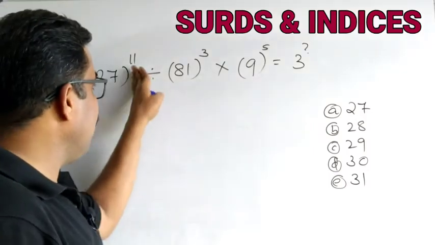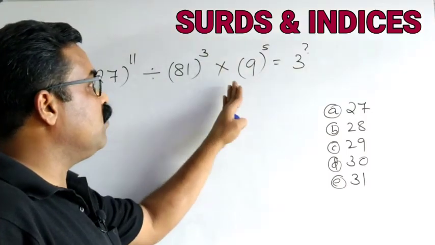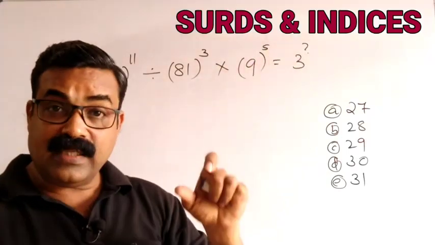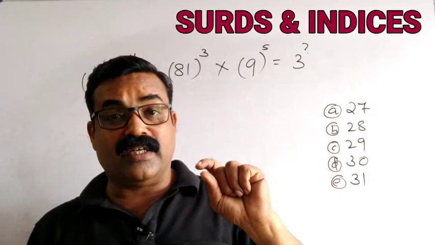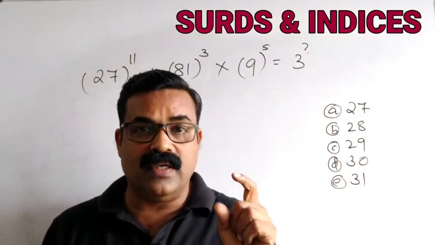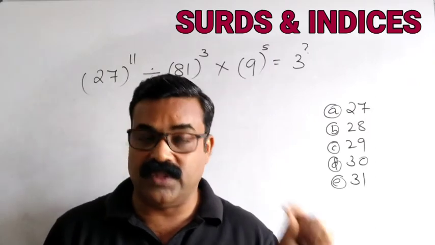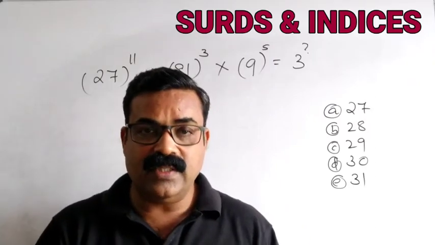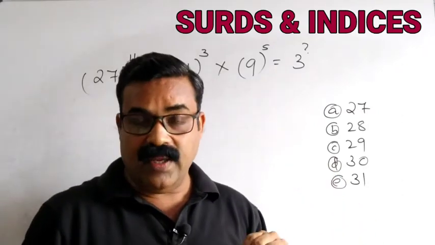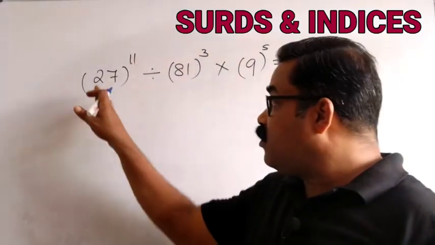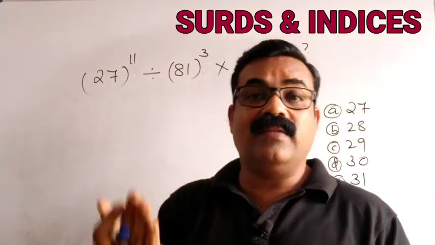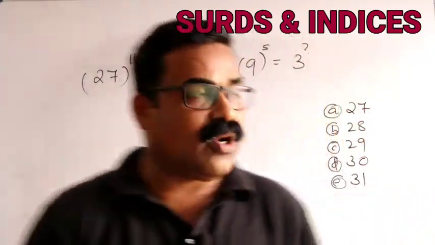So 27 power 11 divided by 81 power 3 multiplied by 9 power 5 is equal to 3 power what? The answer we want here is in terms of the power of 3. So we can solve it and convert the final answer into the power of 3, or from the given question you can write all these numbers in the power of 3 and then find the answer. So let us solve it like this.